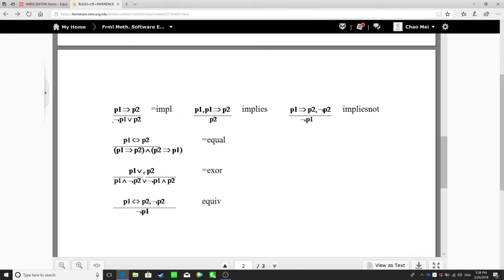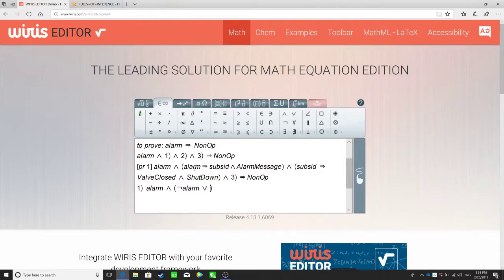This rule: P1 implies P2 gives negation P1 or P2. Here, alarm implies succeed and alarm message, so we have negation alarm or succeed and alarm message, right?